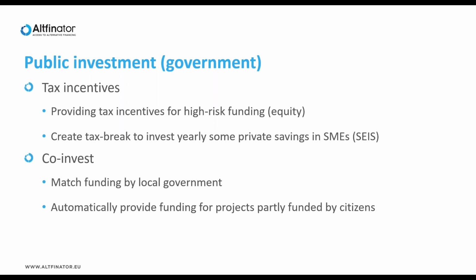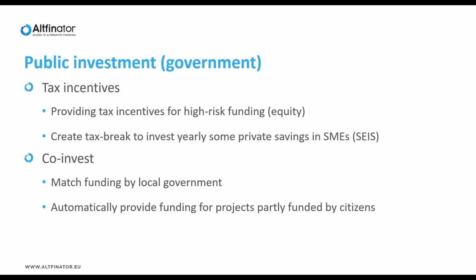So last example, how can the government participate in this, and that is by co-investing. While with peer-to-peer business lending, they're just providing a standard sum of money and distributing it to these platforms, with match funding, especially with local government, it's a way of perhaps even replacing part of the grant system for local projects.